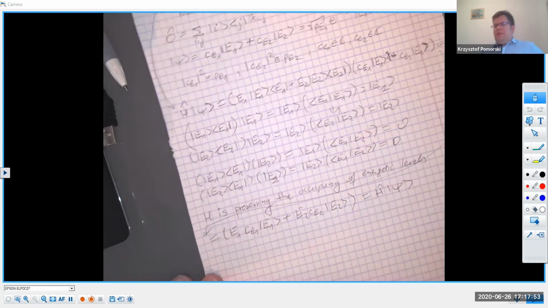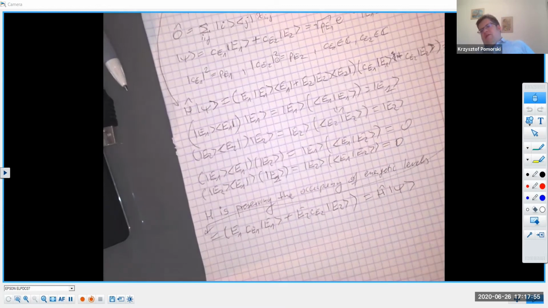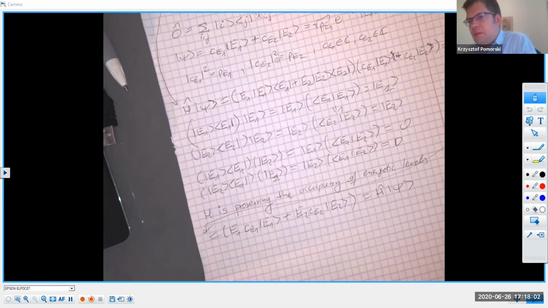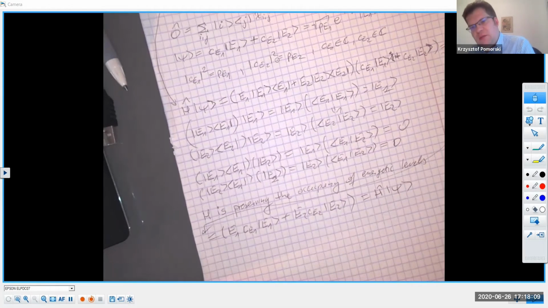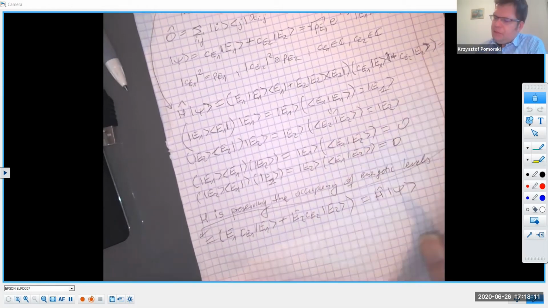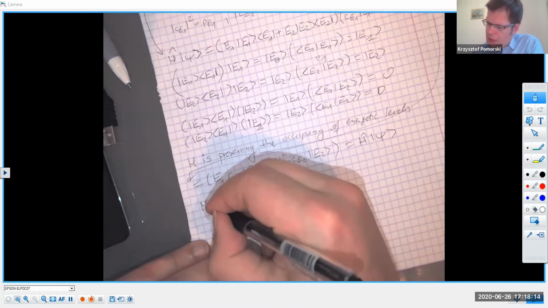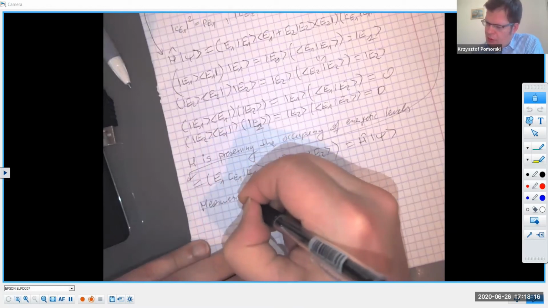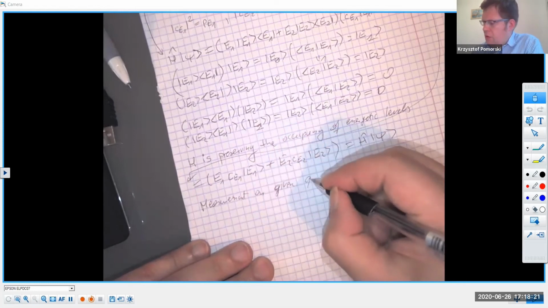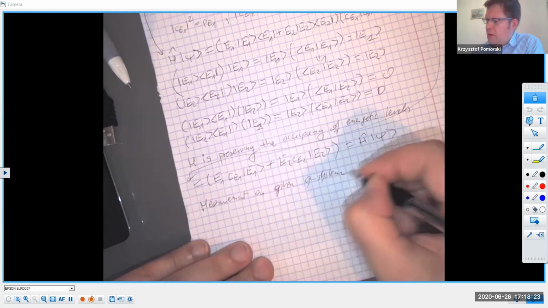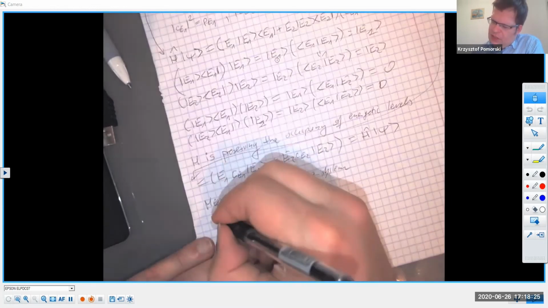So this is how it happens. And then you can ask yourself, you can perform a measurement on a given quantum system. A measurement is nothing else than an external interaction on your quantum system. Measurement on a given quantum system is connected with such an action.